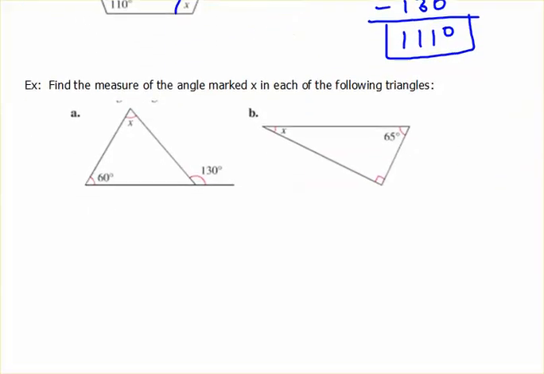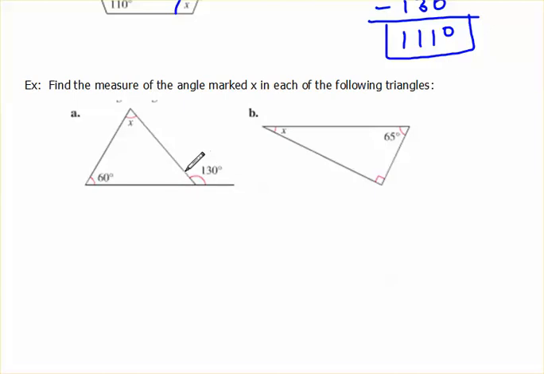And finally, find the measure of the angle marked x in each of the following triangles. Alright, so here for part A, we have a 60 degree angle, an unknown, and over here we have 130 degrees. But this is the outside of the triangle, not the inside.